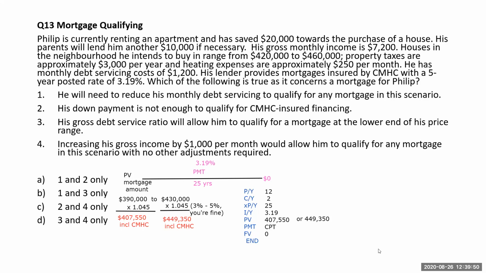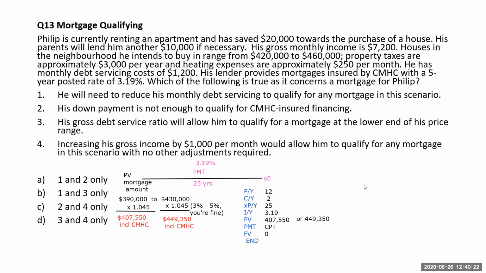So PY at 12, we're going to do CY at 2. Those are how I want them to be. We're going to do 25 years of payments. 3.19 is our interest rate. Present value at 407,550. Mortgages compound semi-annually.